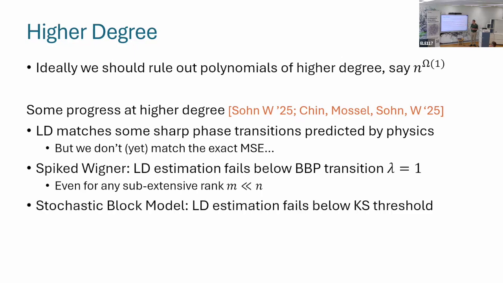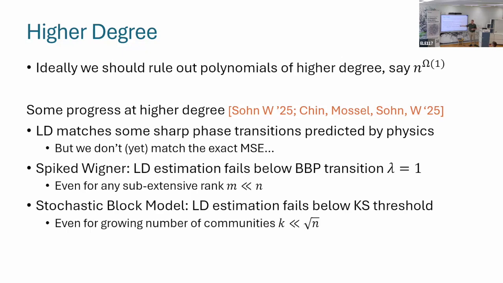And then another similar result for the stochastic block model. This is community detection in graphs. I haven't defined the model formally, but maybe some of you have heard about it, right? This is some random graph with densely connected clusters. And there's this famous Kesten-Stigum threshold, predicted first by Florent and others, where fast algorithms start to work.